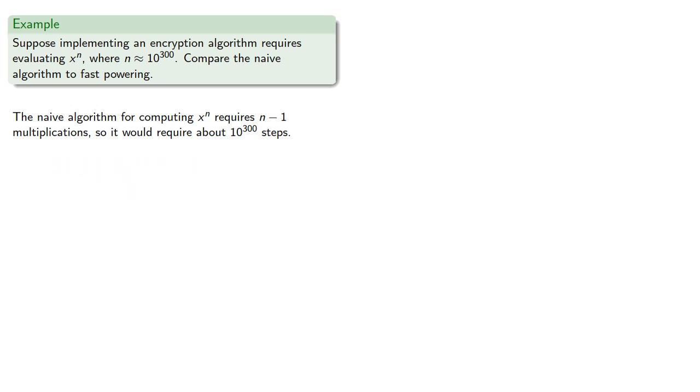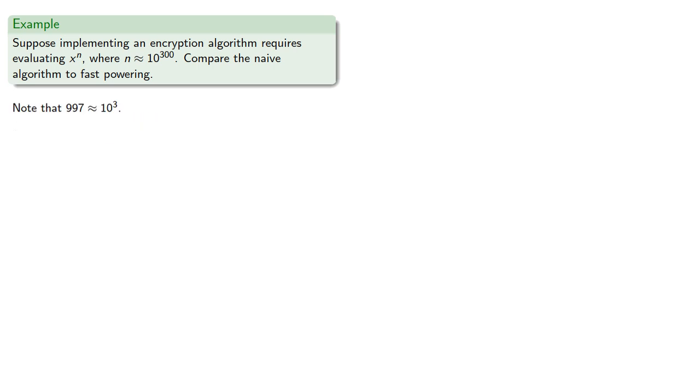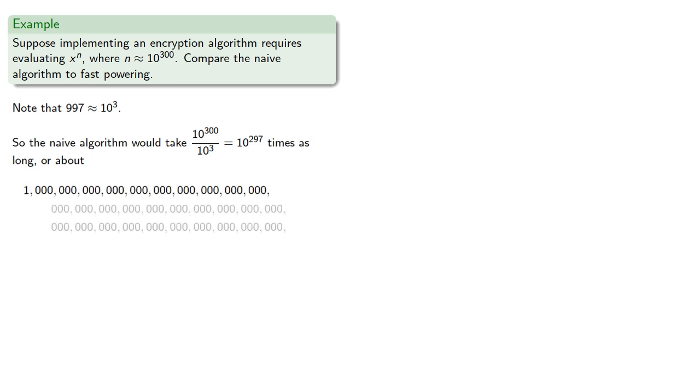Fast powering is big O of log to the base 2 of n, so it would require about 997 steps. Note that 997 is approximately 10 to the third, so the naive algorithm would take about this many times longer.